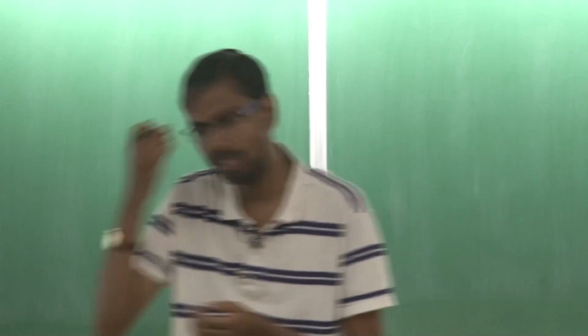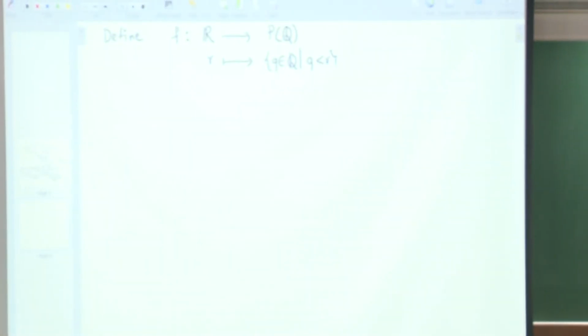Correct? So whatever sequence we are talking about doesn't have to be the only sequence. We can have multiple sequences. But instead of that, what if I define this f from real numbers to the power set of rational numbers as this: send a real number to all those rational numbers such that they are less than that real number.